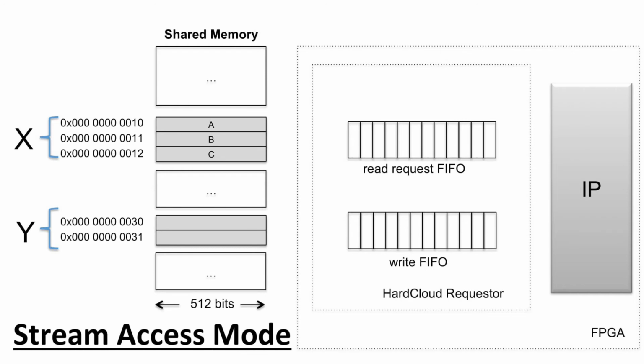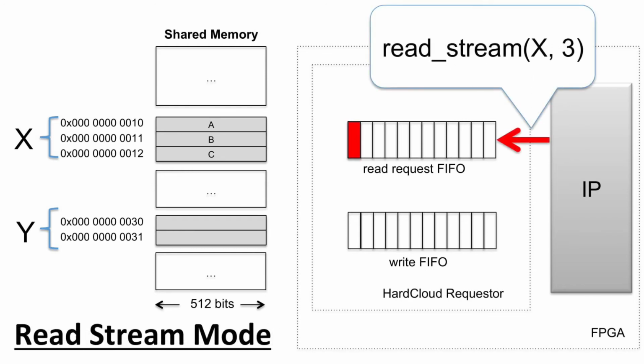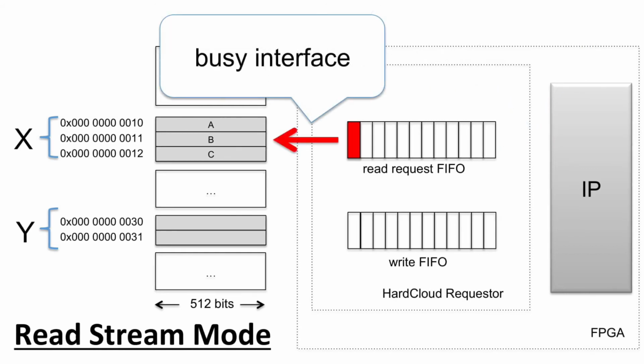The IP calls the read request function from the buffer port to request 3 cache lines from buffer X. The HardCloud requester waits until the next subblock status is not busy. When it is ready, the HardCloud requester dequeues the FIFO and sends the request to the subsequent subblock.